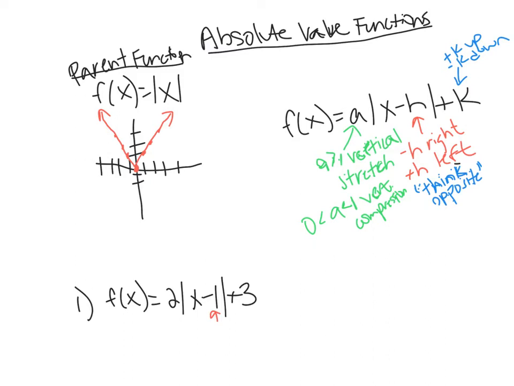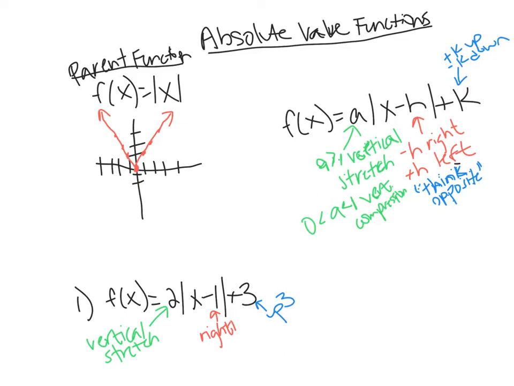Inside minus 1, think opposite, means it's going to be moving right 1. If I have plus 3 on the outside, we're going to be moving up 3. And the 2 on the outside being multiplied, since 2 is greater than 1, is a vertical stretch, which makes you taller and skinnier. So you're going to have a skinnier graph.